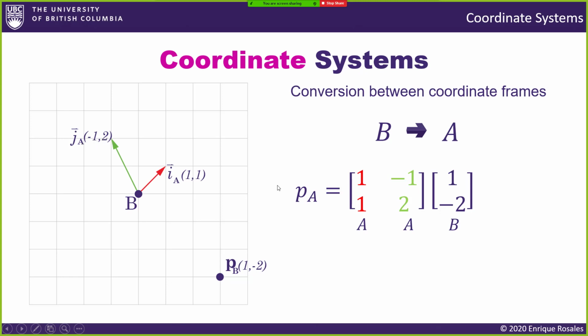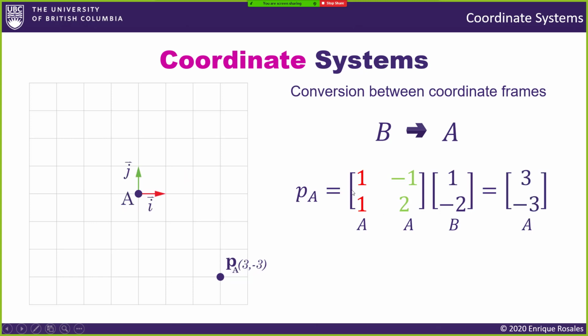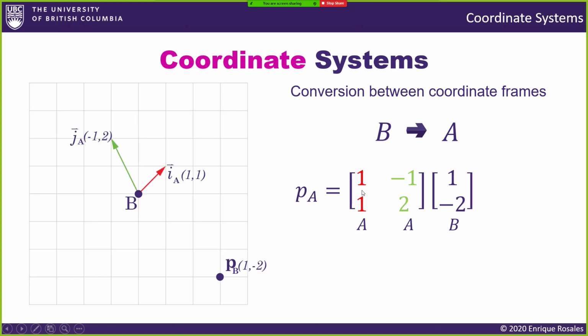Okay, so we create a matrix in which the columns of that matrix are basically the vectors I and J with respect to the coordinate frame A. Okay, and then we multiply that matrix times the position with the coordinates with respect to B, right?